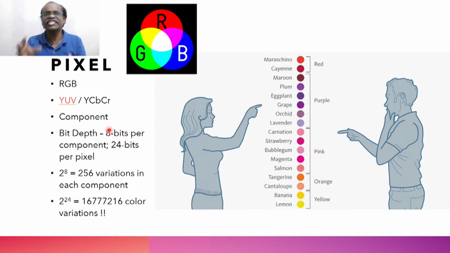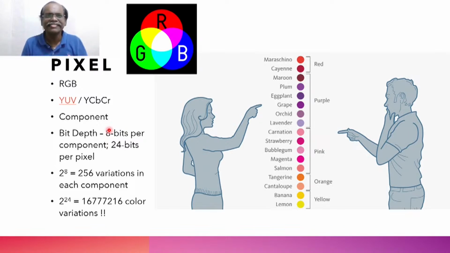Gents are able to identify only a few colors by nature. It's the physical design of ladies, their eyes and brains, to capture more colors. That is why ladies need to know the variations in colors. That is why we have given 16 million colors.